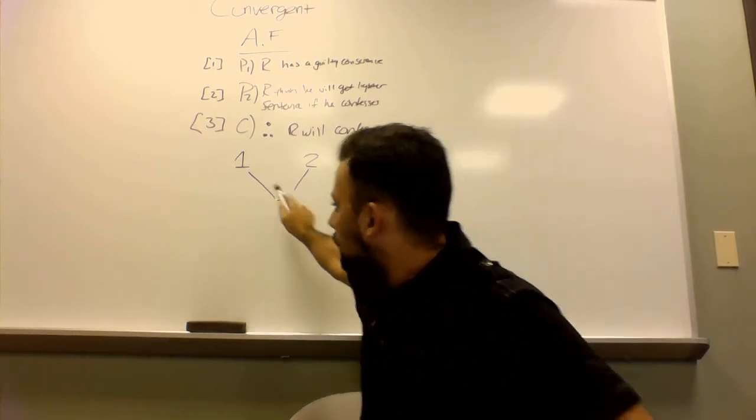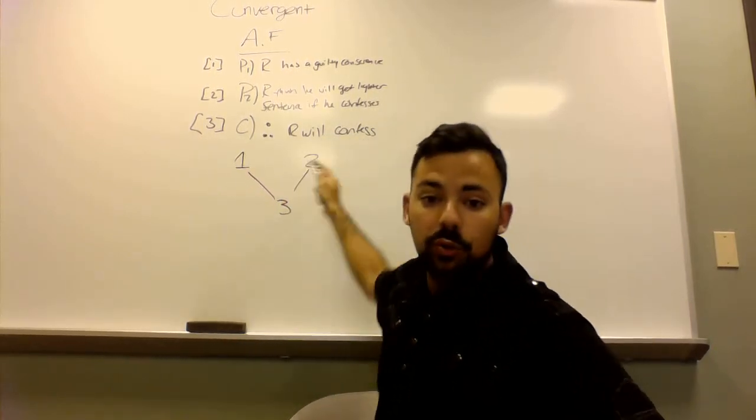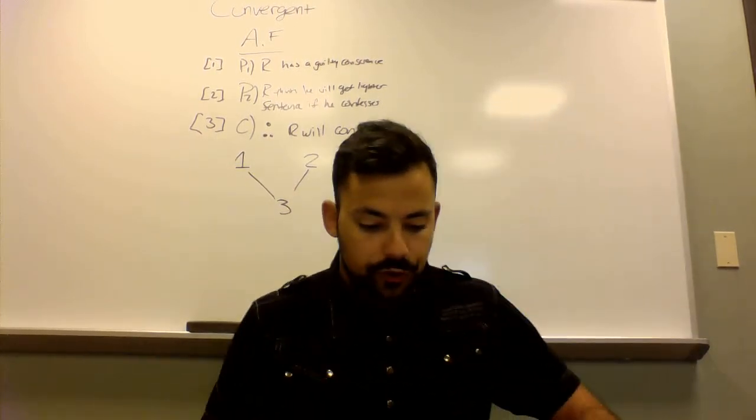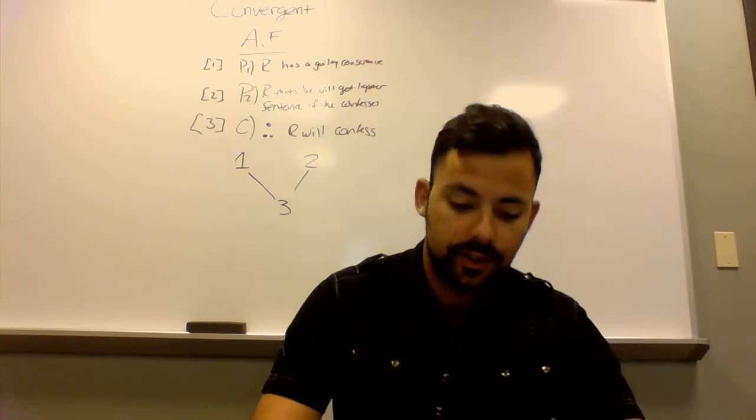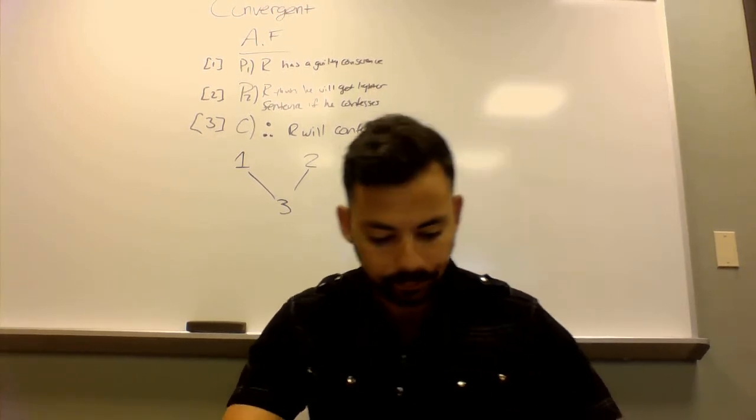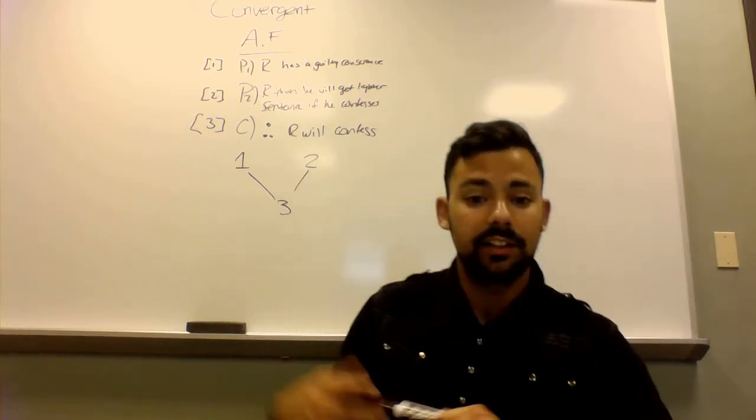Can we come up with 3 with just 1, or can we come up with 3 with just 2? If that's the case, then they're converging lines. So that is a convergent argument. You'll see these a lot. They are quite common. The next is a linked argument.